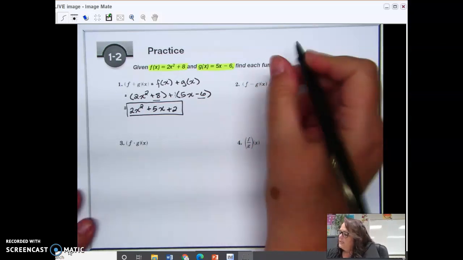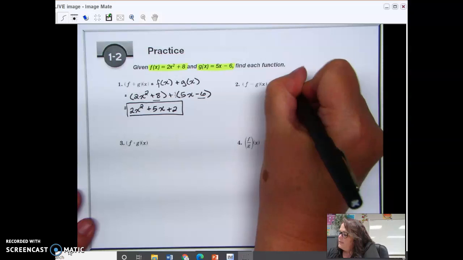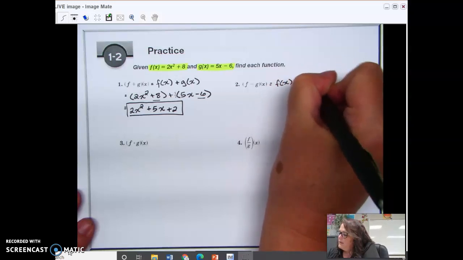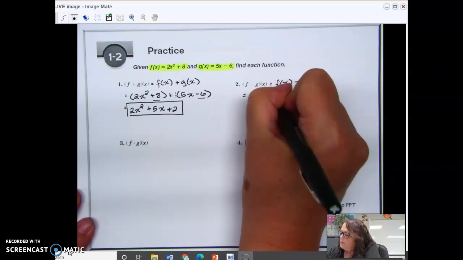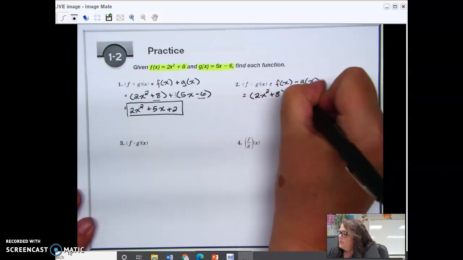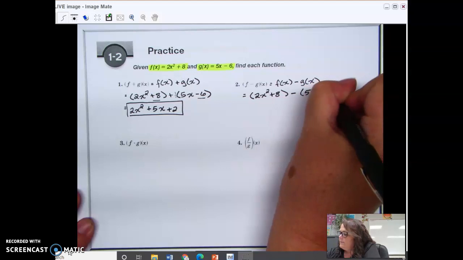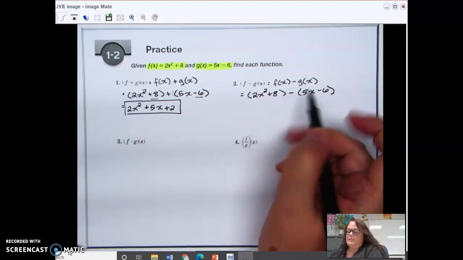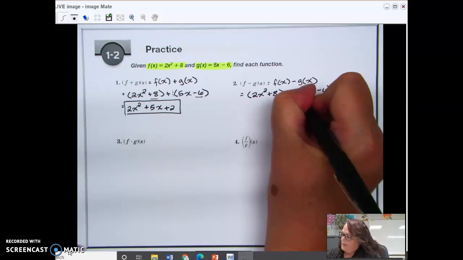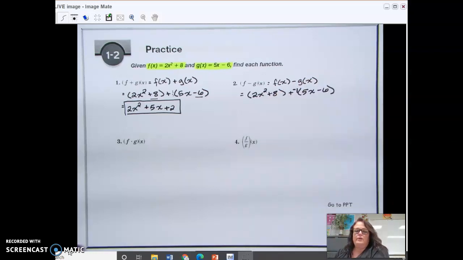Just like we said in the notes, this is going to be f of x minus g of x. So this is going to be 2x squared plus 8 minus 5x minus 6. Now you'll notice we have this negative in front of this parentheses. That's like having a negative 1 right in front of those parentheses.